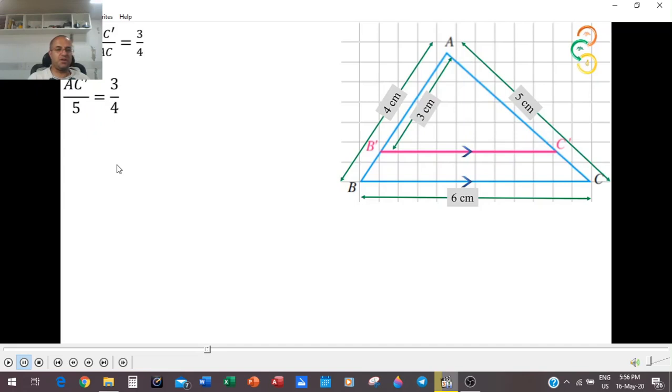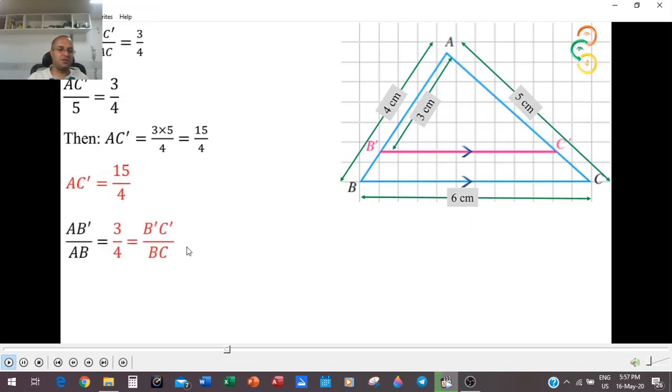By cross multiplication we get that AC prime is equal to 15 over 4, which is 3.75. And we calculated AC prime, which is 15 over 4.